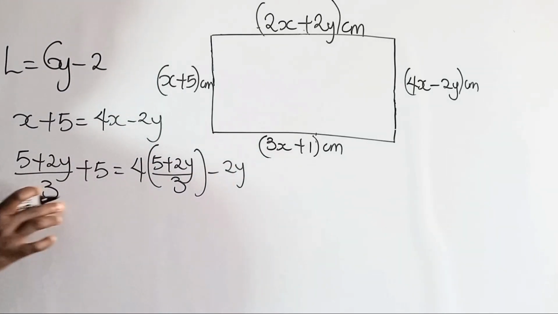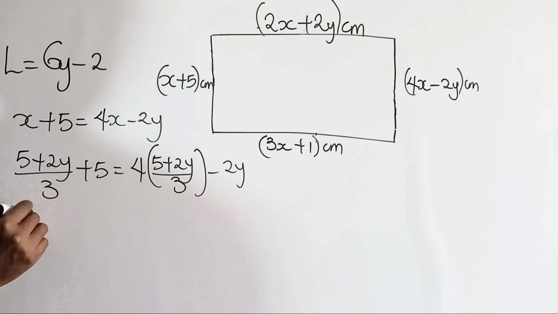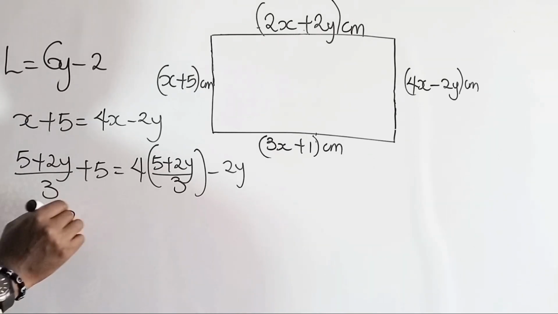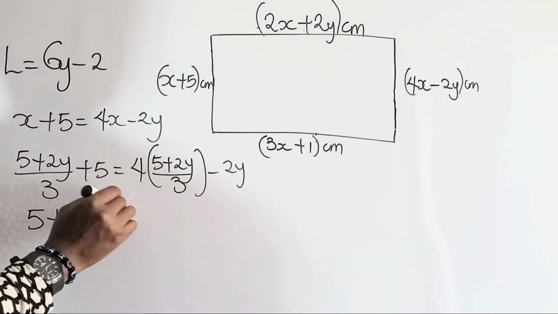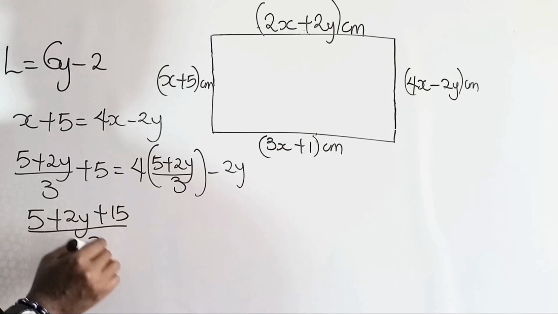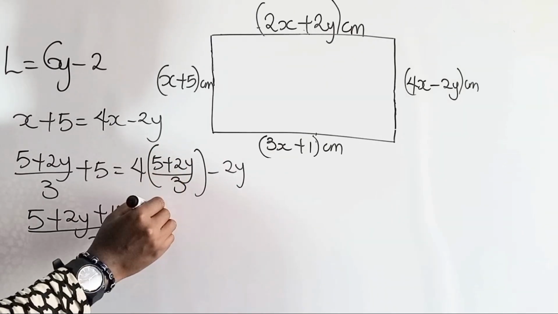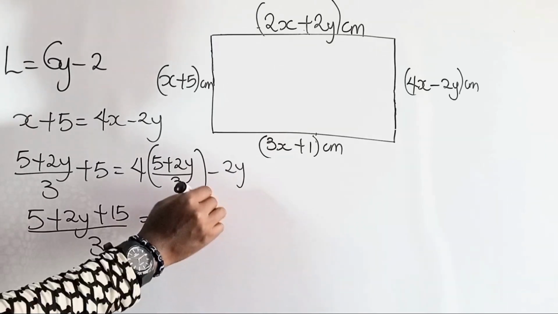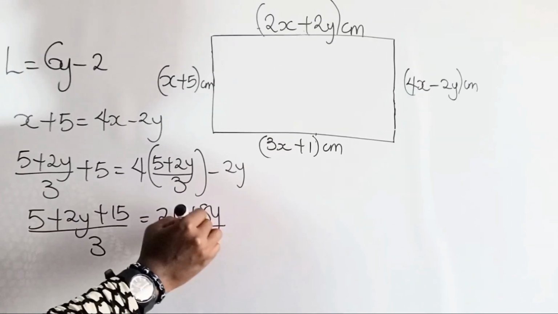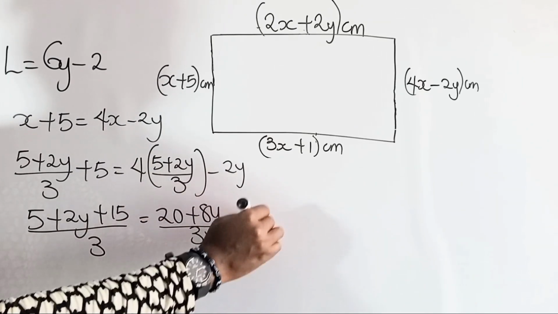Now we are going to use the LCM to multiply each of these terms. The LCM here is 3, so using it to multiply, we then have 5 plus 2y plus 15 all over 3 equals, let's use this 4 to multiply the terms in the bracket, we have 20 plus 8y all over 3 minus 2y.